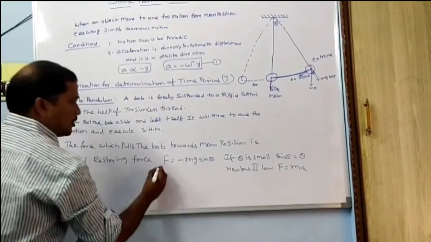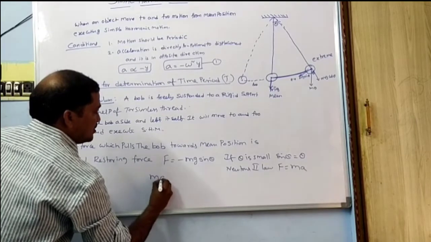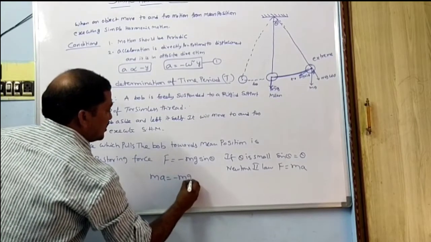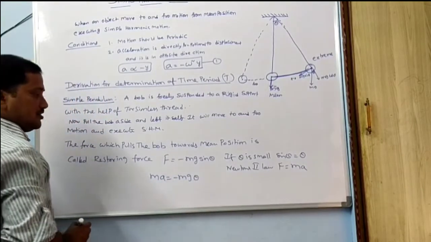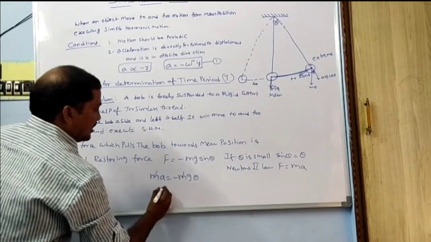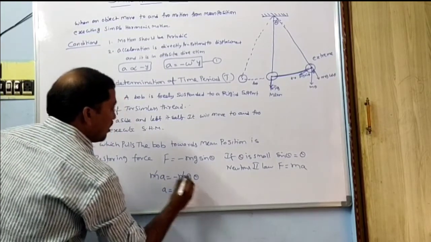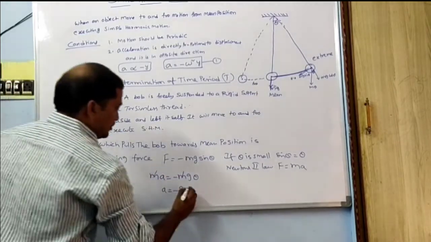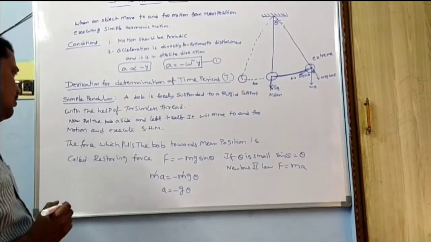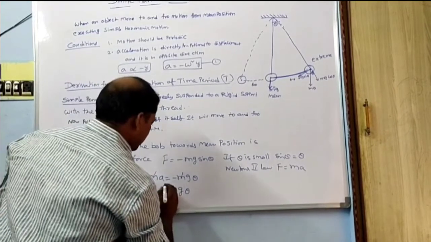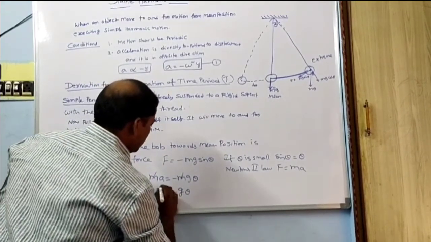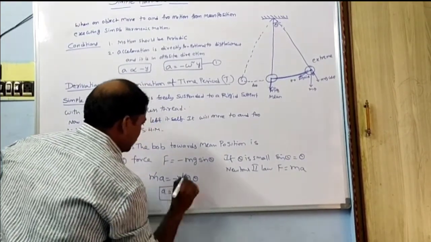Applying both formulas, you get ma is equal to minus mg theta. The m gets cancelled. You will get A is equal to minus g theta. That's it.